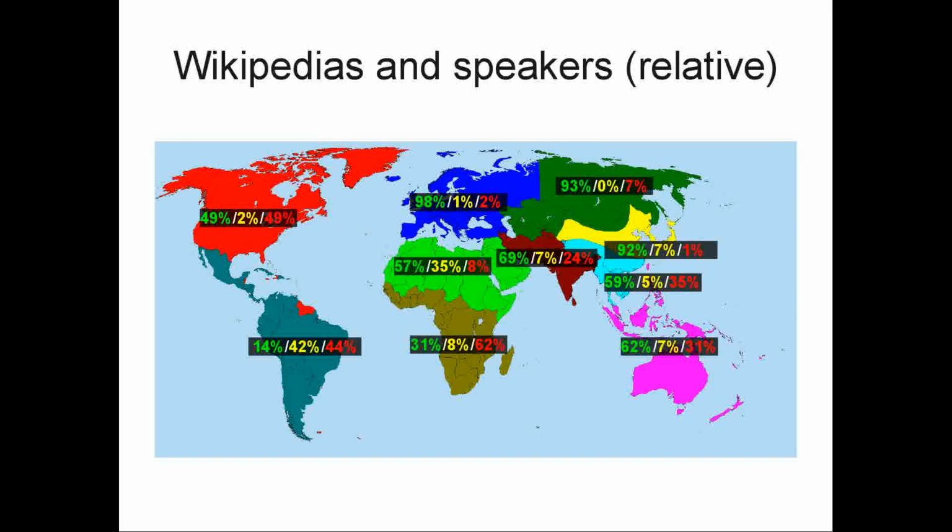Yes, the population is small, but actually 49% of them don't have Wikipedia. That means that we don't need to go just to the developing and underdeveloped countries to create more Wikipedias. We need to go to developed countries as well, like the United States and Canada.